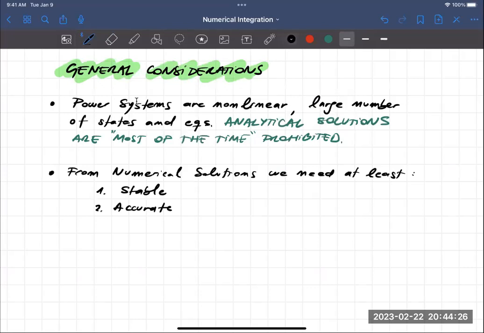So let's use some simple example. Let's say this red one is the exact solution of some problem, right? Let's say this other one is going to be the approximated numerical solution.